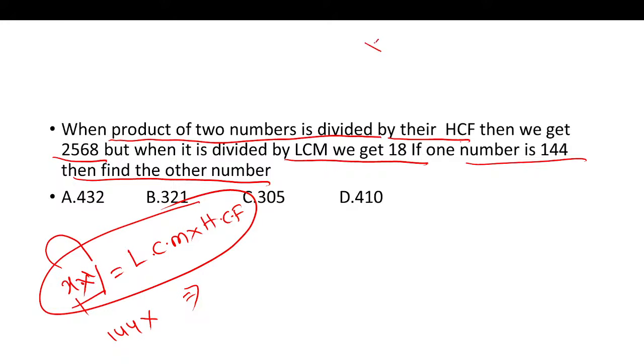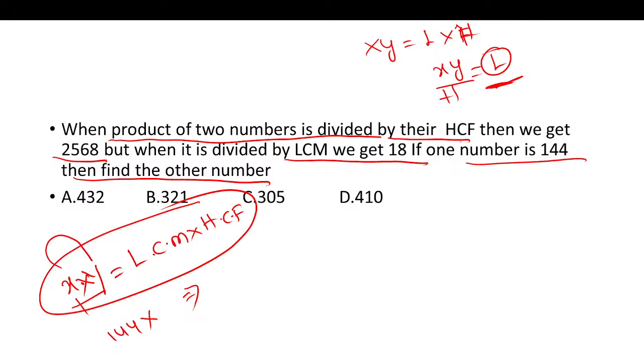Look here carefully. The product of the two numbers is equal to LCM and HCF. If the product of the two numbers is divided by their HCF, what will you get? LCM, and its value is indirectly given.